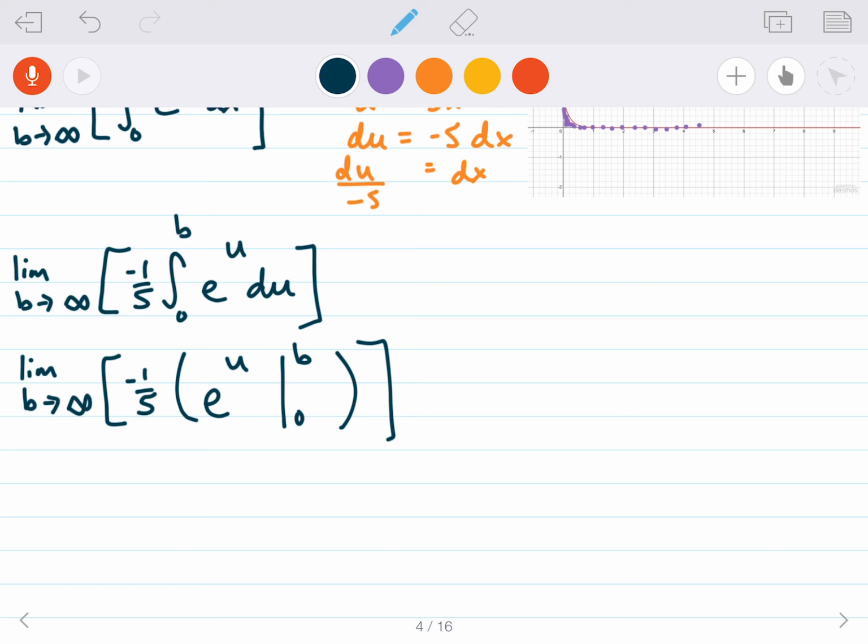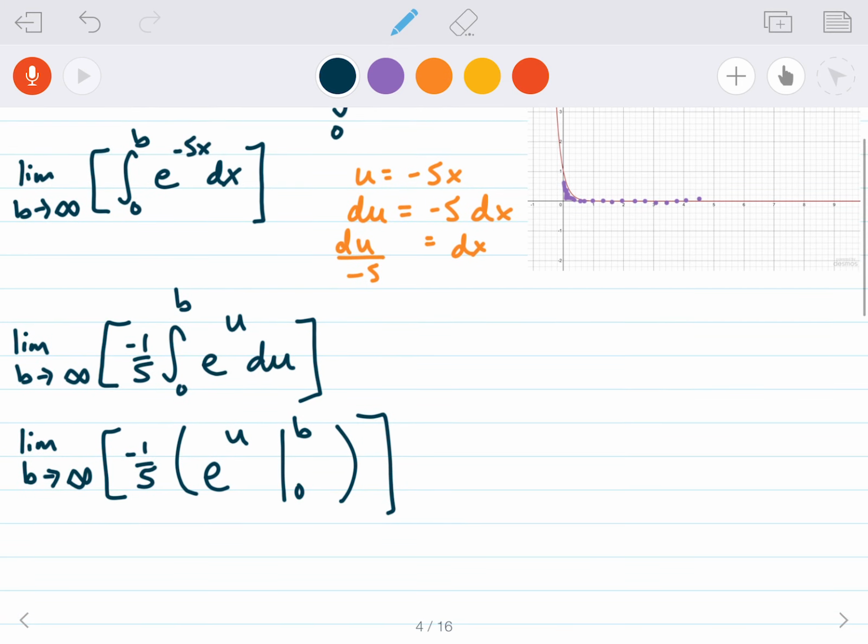Okay. And if I go ahead and plug back in my u, which was negative 5x, I'll go ahead and do that now, and then I'll evaluate this thing.